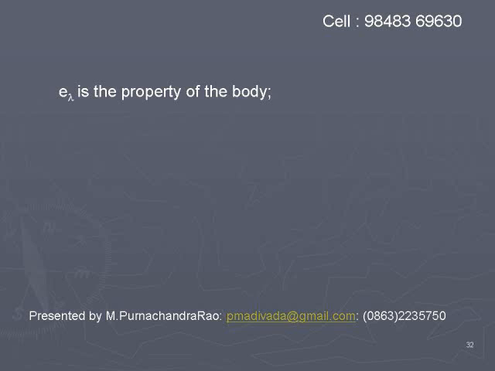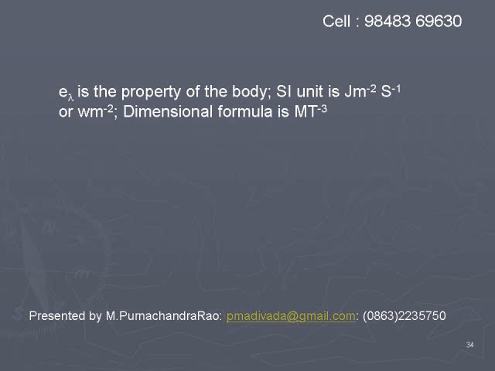E lambda is a property of the body. SI unit of emissive power is joules per meter square per second, or watts per meter square. Its dimensional formula is M T to the power of minus 3.